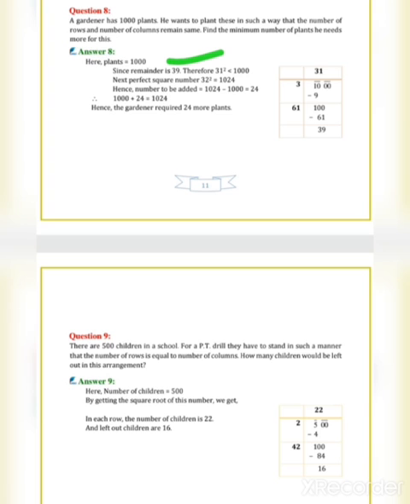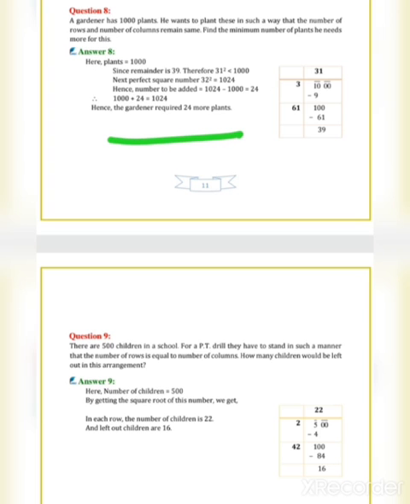First of all, the number of plants, that is 1000, since remainder is 39, we have to find out the square root of 1000. So the square root of 1000 is nearer to 1024 by using our conventional method that is in the previous question. So that is in your homework.